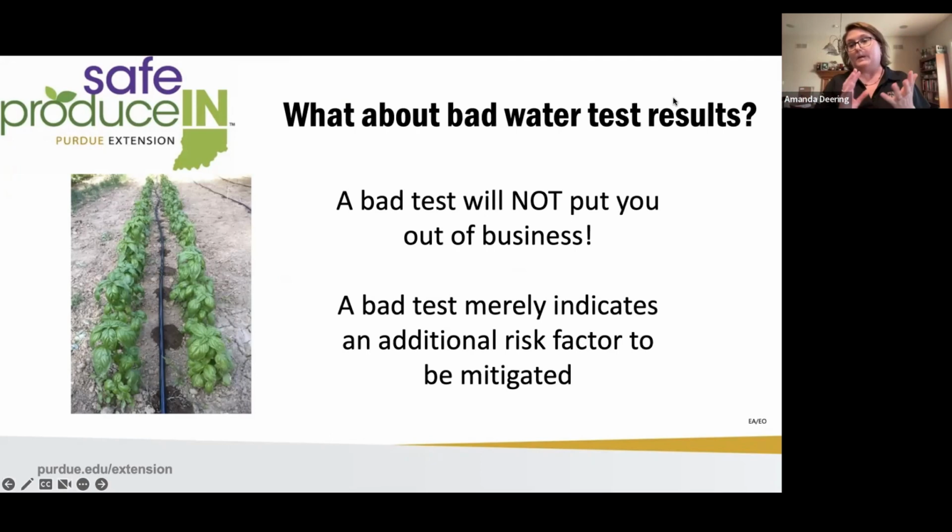So maybe you need to shock the well, maybe you need to find a different water source, maybe you need to treat the water with some sort of sanitizer before you use it, whatever, right? So it just means something needs to be done. And so after you get that result, we reevaluate, right? And decide what we can do.